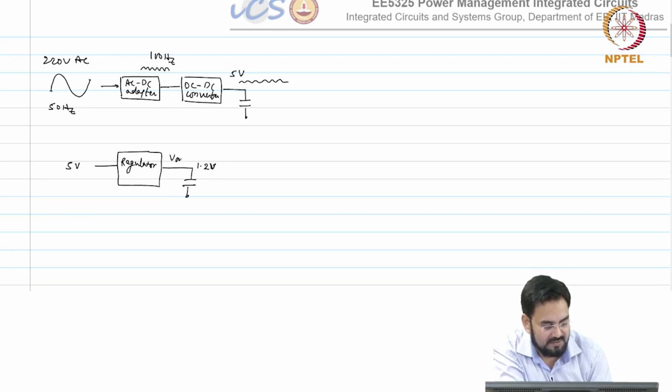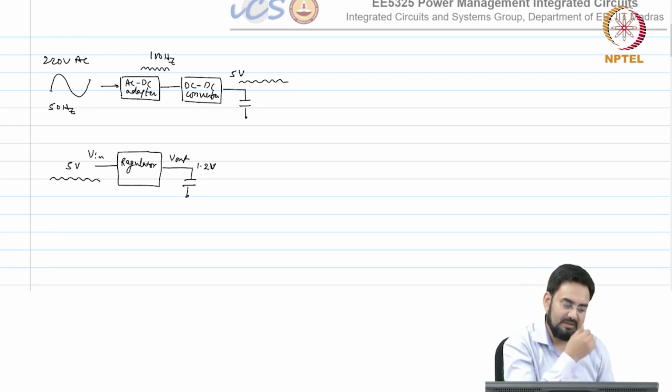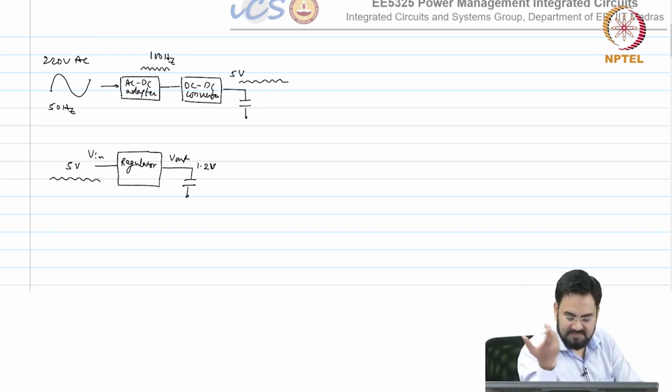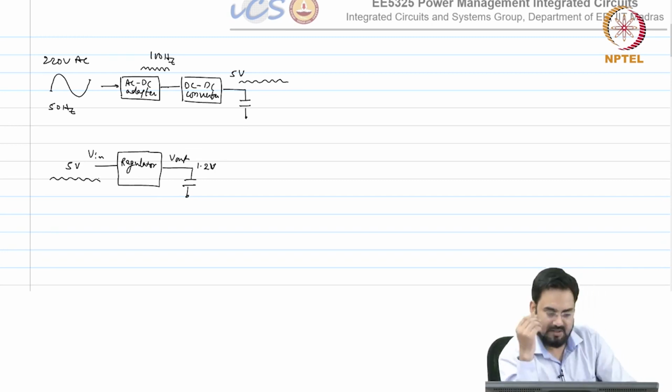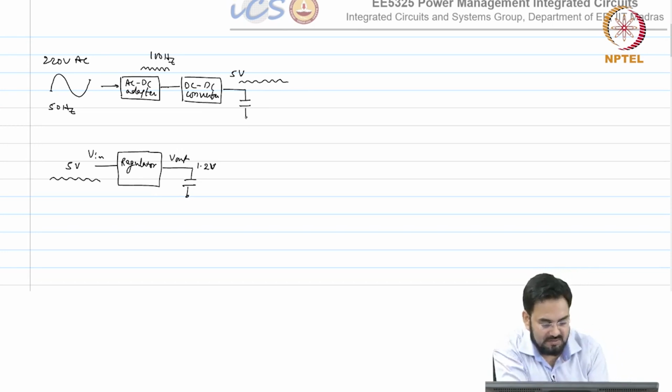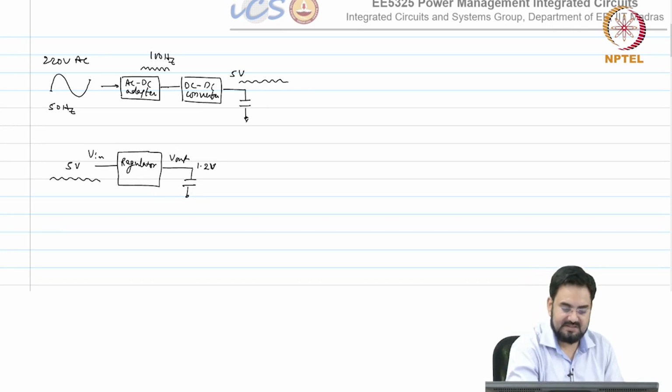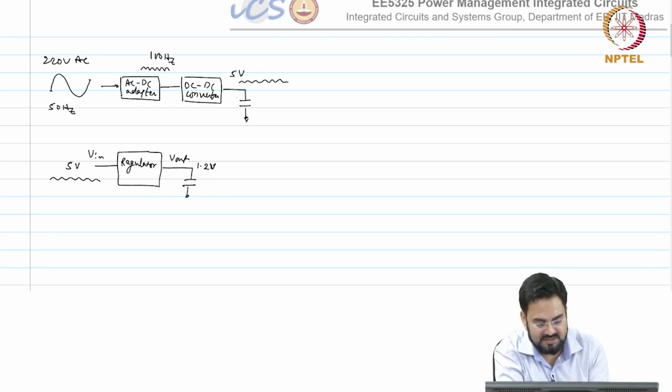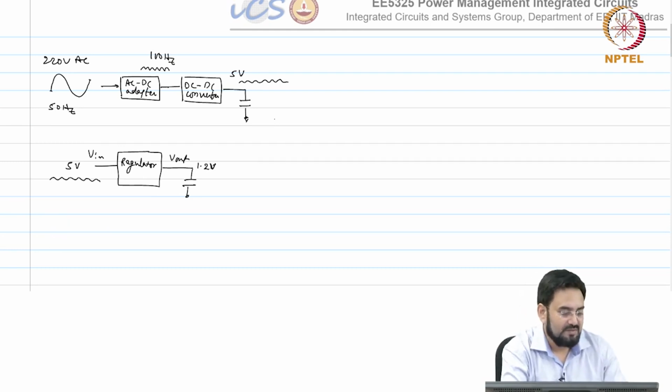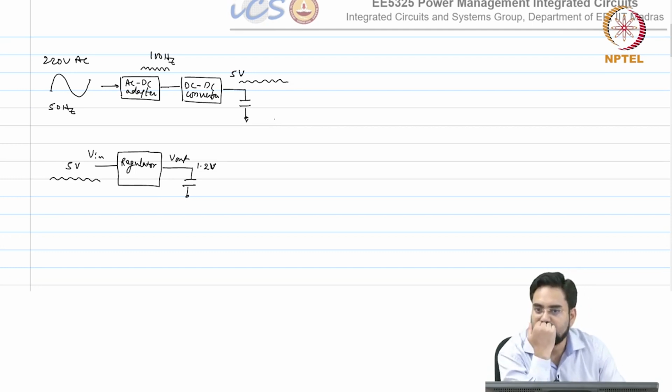This is your V_out, this is your V_in, and this is not clean, this has some ripple, which could be anything like maybe 10 millivolt, 20 millivolt, depending upon the converter specifications and the value of the capacitor which is put here. Okay. So, what all can be done to improve this PSRR?